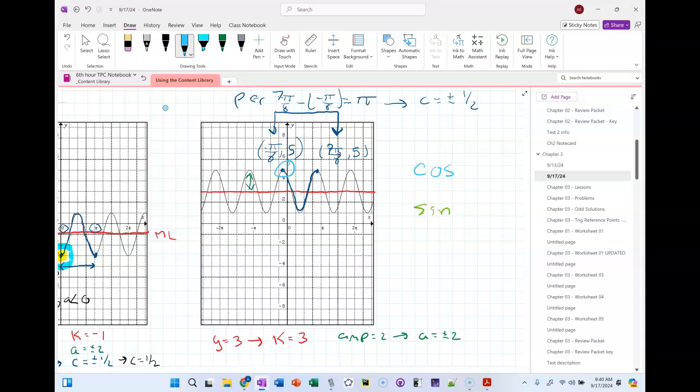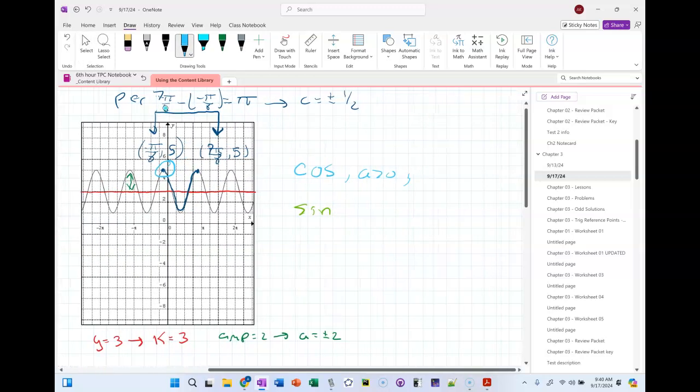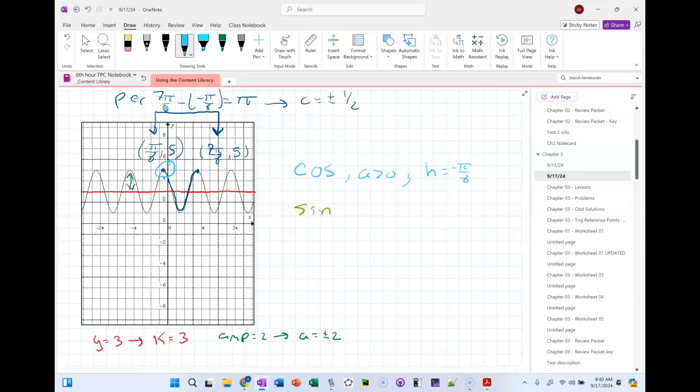Since that's a maximum, it tells me the A is positive. And because the x coordinate is negative pi over 8, it tells me that the h is just the x coordinate. And now that's everything I need.